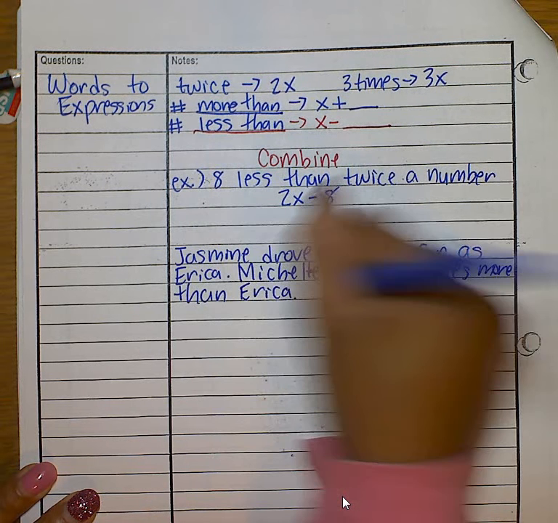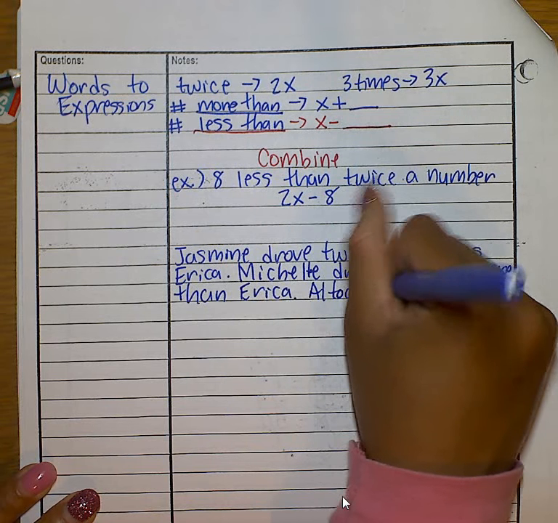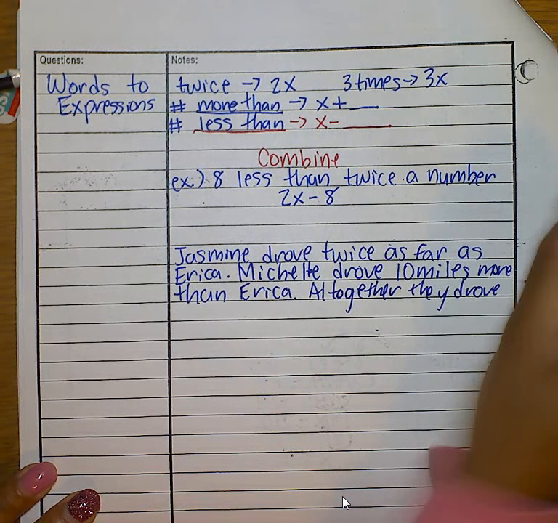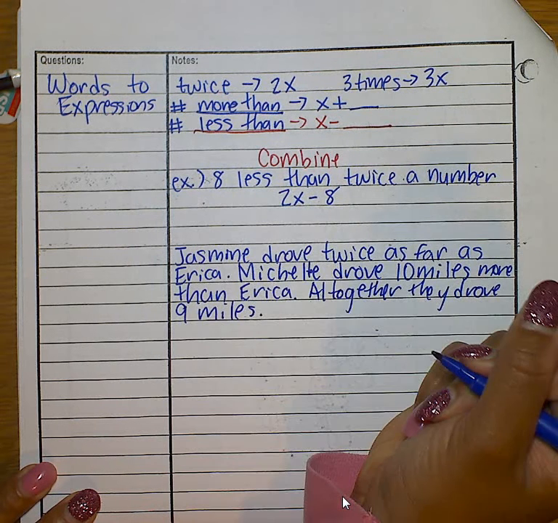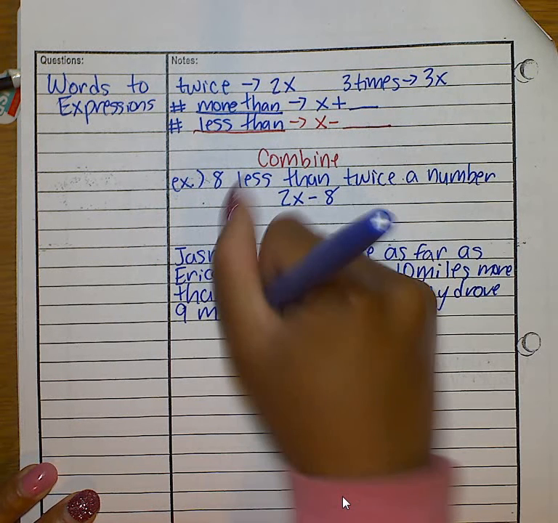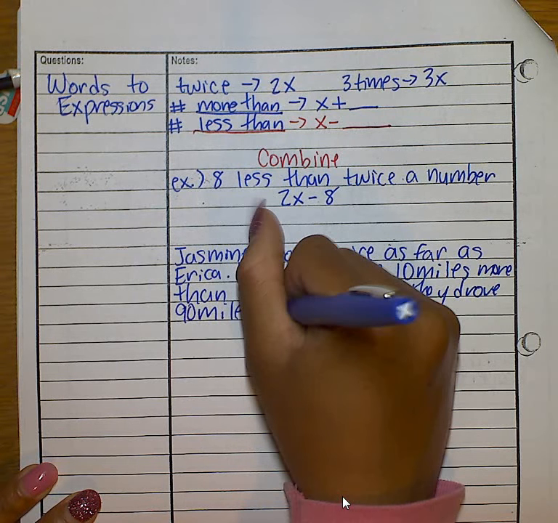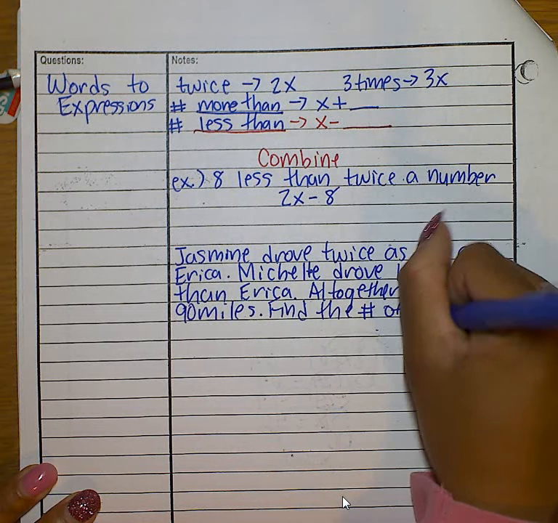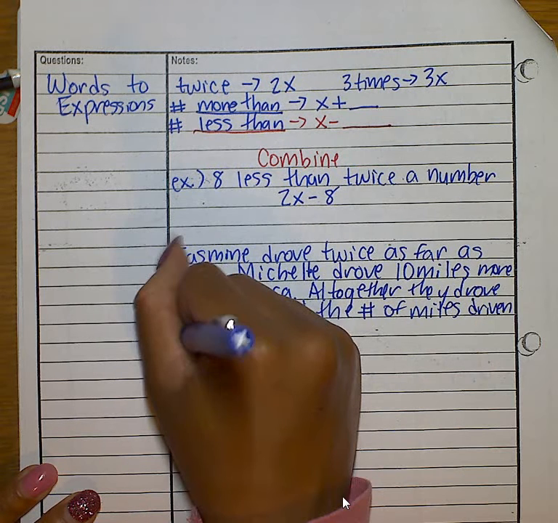And altogether, they drove 90 miles. The question is going to be asking you to find the number of miles driven by each person.